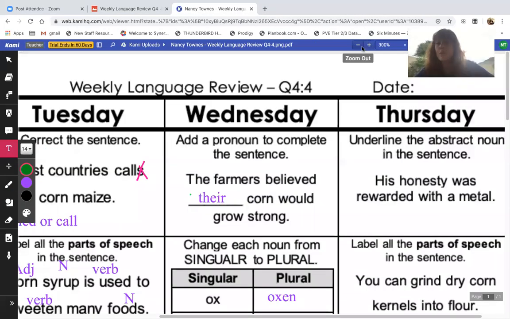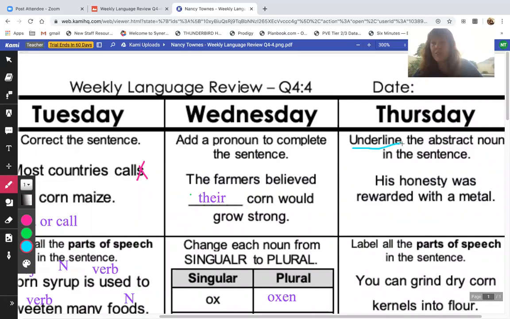All right, so we are on Thursday in the ELA column on the ELA sheet. So it says underline, let me get this to drawing. Underline the abstract noun. And remember, abstract is can't touch this. So something you can't touch, but is a noun. His honesty was rewarded with a medal.